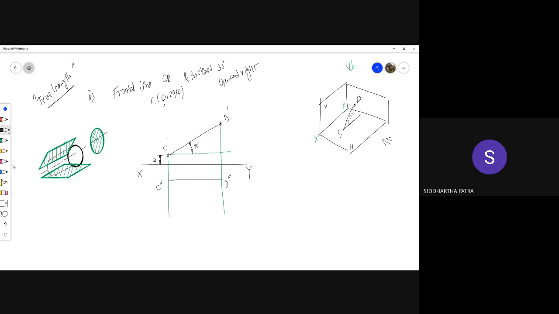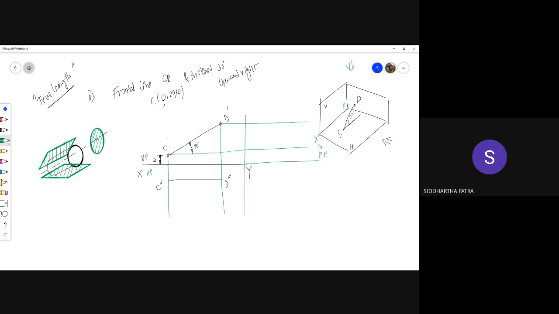And then you can of course go back to your profile plane. On the profile plane, the projection would look like a vertical line.